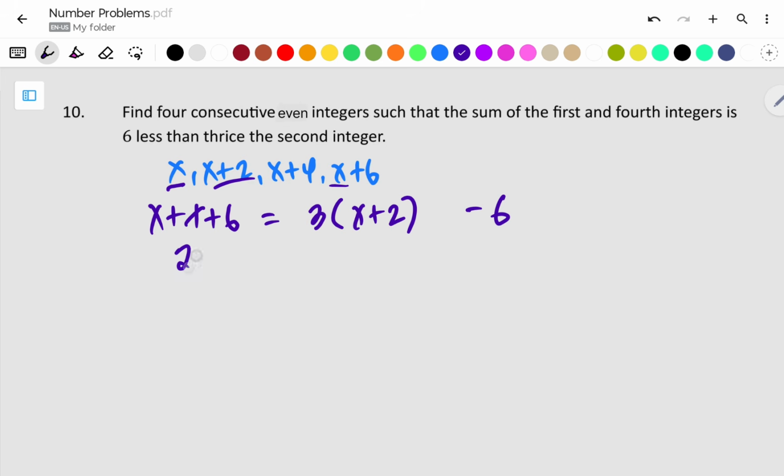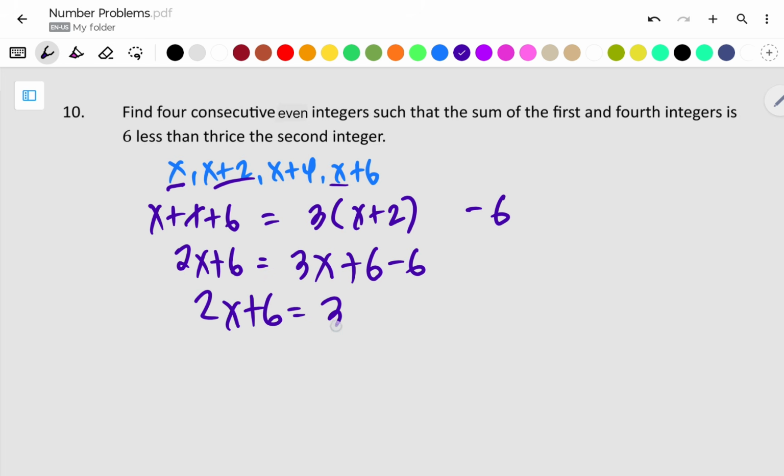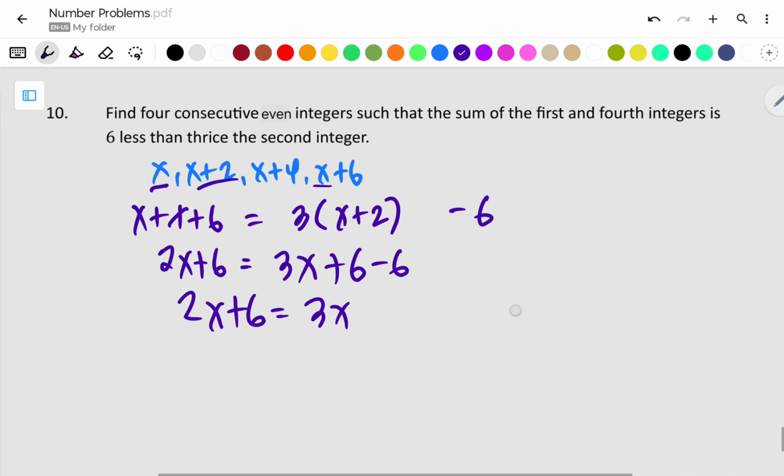So x plus x is 2x, 3 times x is 3x, plus 6 minus 6. So 2x plus 6 equals 3x plus 0.